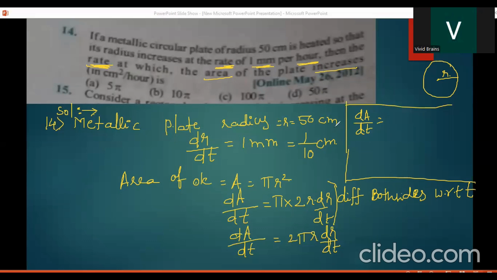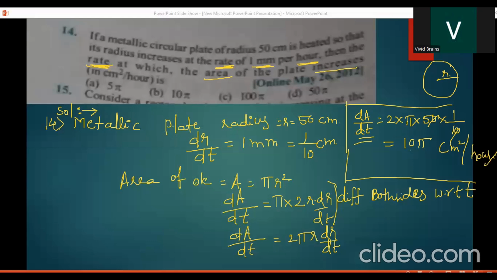Both are in centimeters, the same units, so can I substitute directly without hesitation? Yes, R is going to be 50 and then 1 upon 10. 0, 0 cancel. So what is left here? 2 pi into 5, that is 10 pi centimeter square per hour. So dA by dt is 10 pi centimeter square per hour.